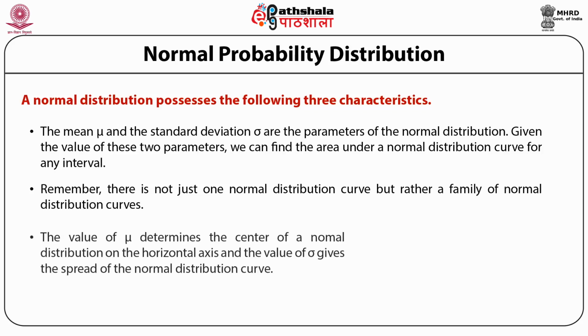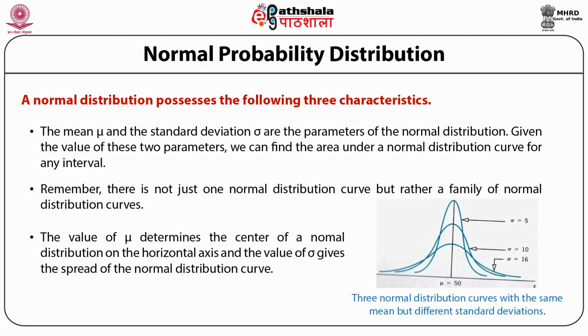Notice it. The value of mu determines the center of a normal distribution on the horizontal axis, and the value of sigma, notice students, gives the spread of the normal distribution curve. The three normal distribution curves drawn in figure 13 have the same mean.